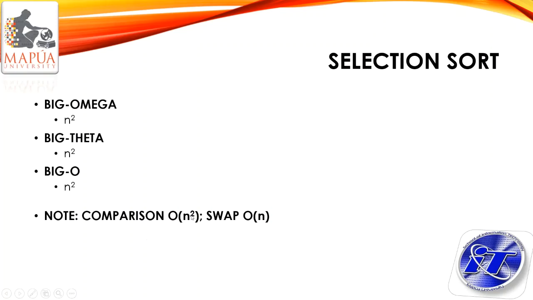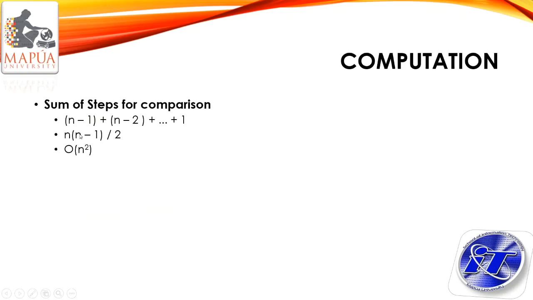So how did we come up with the n squared of the comparison? Considering the cycle, on the first cycle, the comparison is n minus 1. Second cycle, n minus 2. And on the last cycle, it will just be 1. If we simplify this, the equation is n times n minus 1 divided by 2.